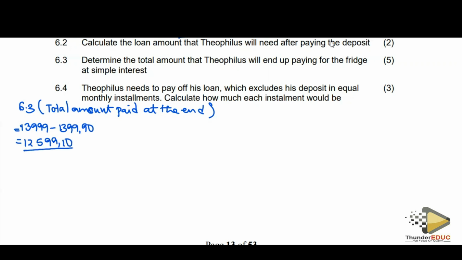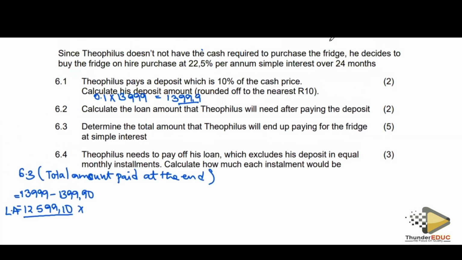This is the loan amount, so this is the amount that will carry interest. Why? Because the deposit does not carry interest, it's once off. So from here, we shall multiply this by the simple interest value, which is this much.